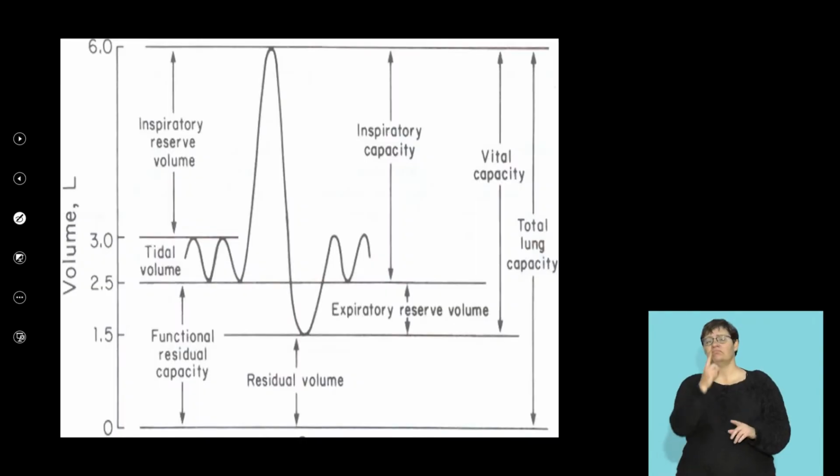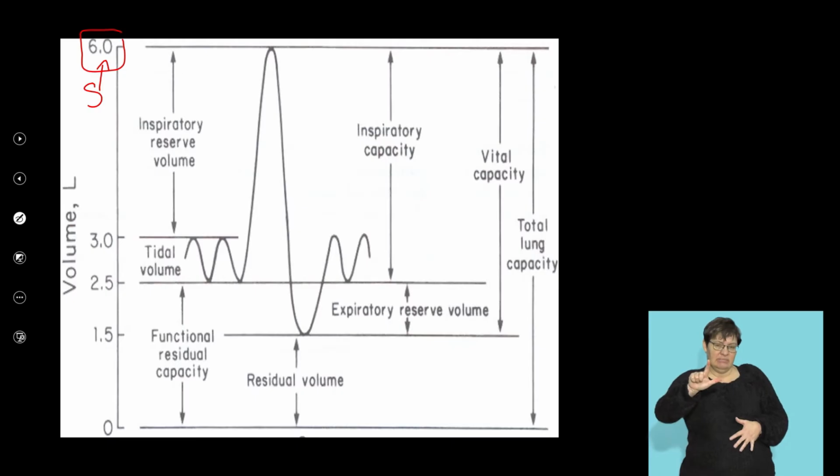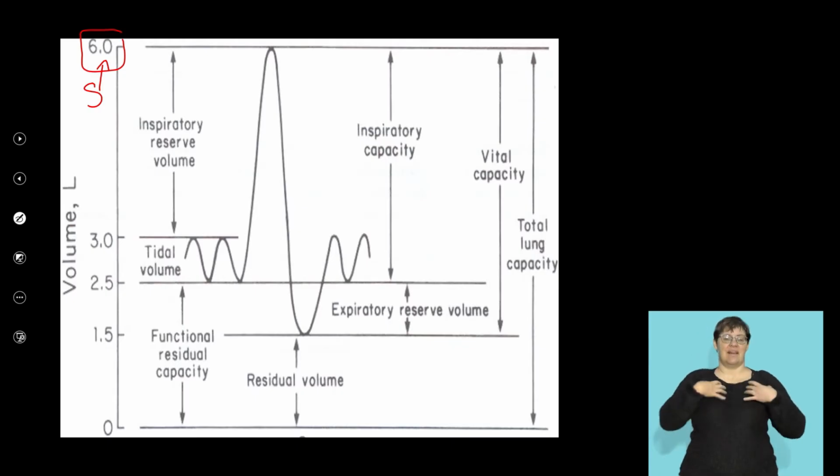So what happens is most people have approximately 5 to 6 liters of air capacity in their lungs. So your lungs have this capacity to fill up with at least about 5 to 6 liters.